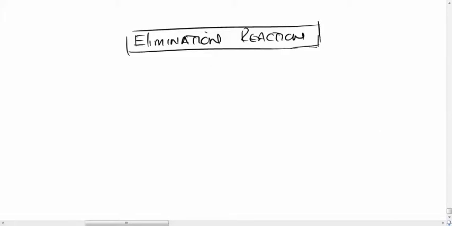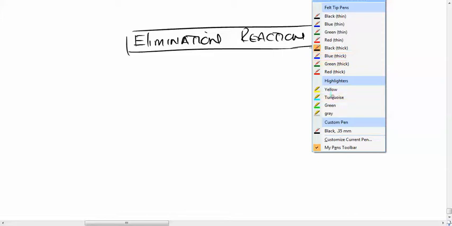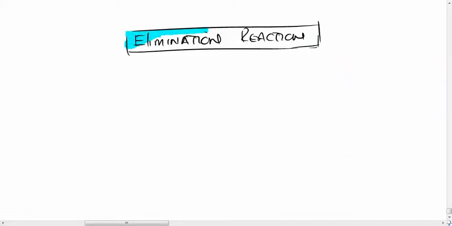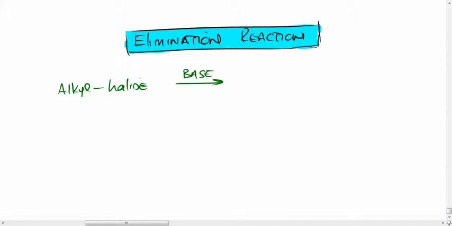In the case of the elimination reaction, we're also going to start off with an alkyl halide. The only difference here is we're not substituting anything. We're actually kicking off one group. Once we kick off that one group, we will have to form a double bond as a result of it. So we're going to start off with an alkyl halide, we're going to have a base present, and we're going to generate an alkene.